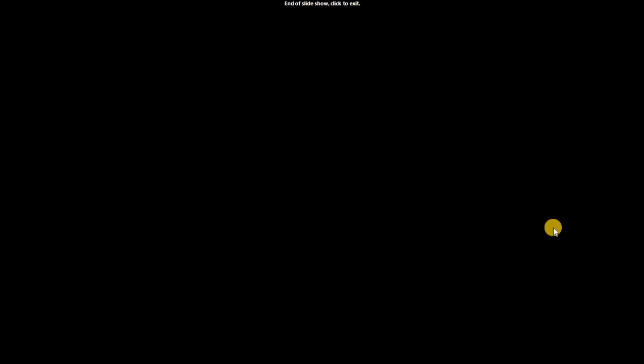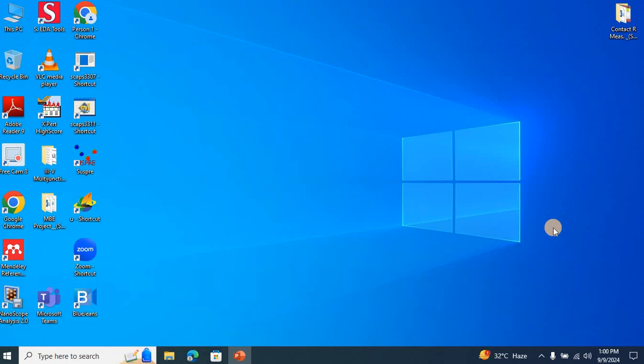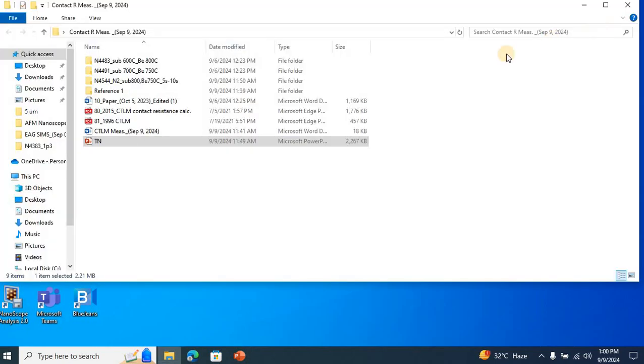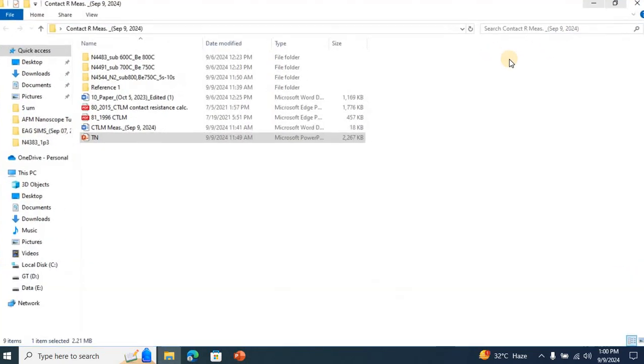Then what do the results actually tell us? Lower contact resistance indicates better quality of the metal semiconductor contacts. You can use these results to optimize your fabrication process, such as by improving the metal deposition contact stacks.